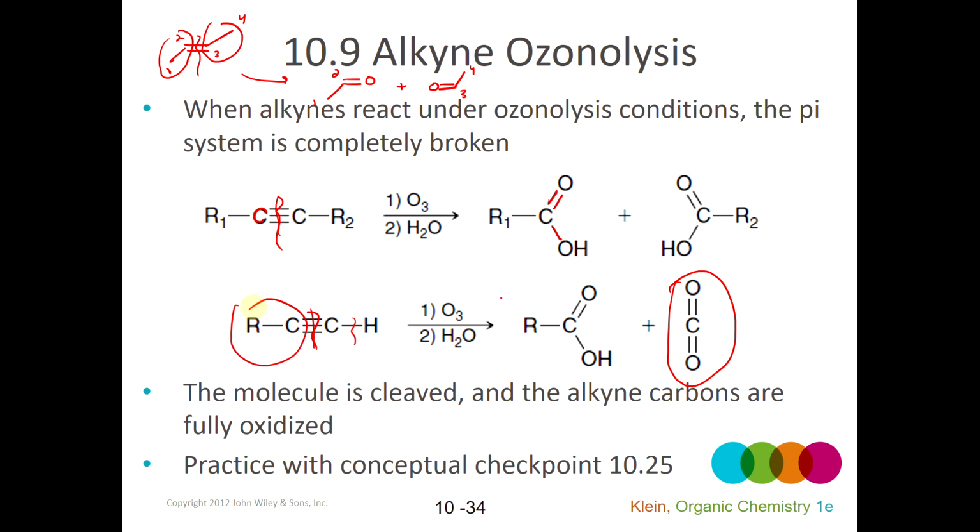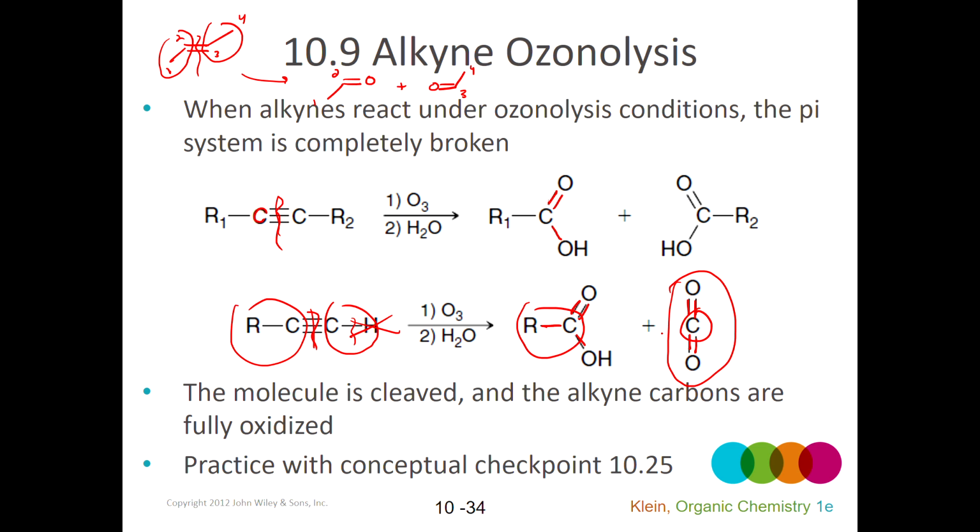Each individual piece is still there. If there's a hydrogen, it's gone. If there's an R group, it's still there. But all the other bonds are then made with oxygens due to the extra unstable oxygen and O3 being introduced into the structure.